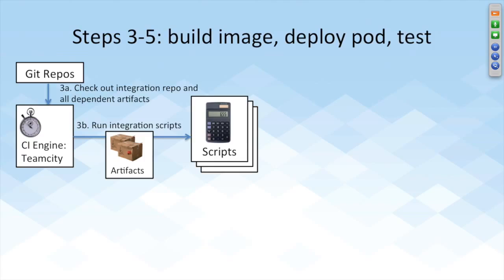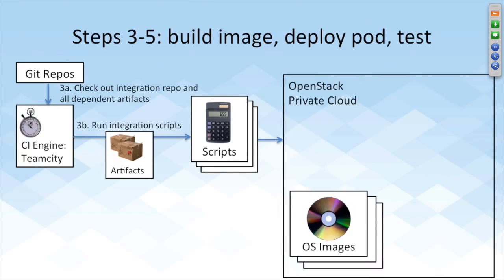Now, for the first time, this is where we take advantage of our internal OpenStack private cloud. Because remember that our product is going to be packaged as a cloud image, and in order to build a cloud image, you need a cloud. So our integration scripts interact with our OpenStack private cloud through various ways.